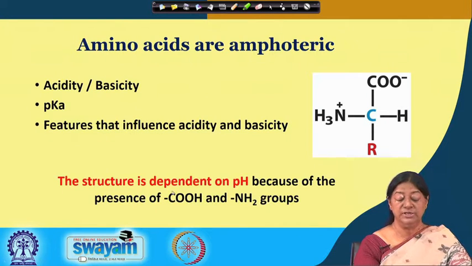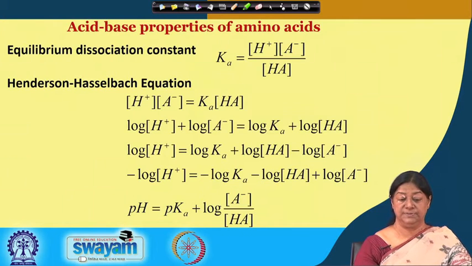So, the structure is dependent on the pH because of the presence of the COOH group and the NH2 group. So, there are specific pKa values associated with the acidic and the basic groups. So, the acidity and the basicity is important.